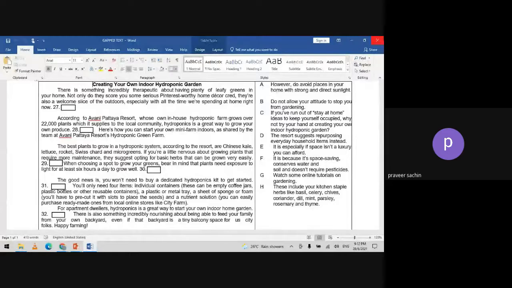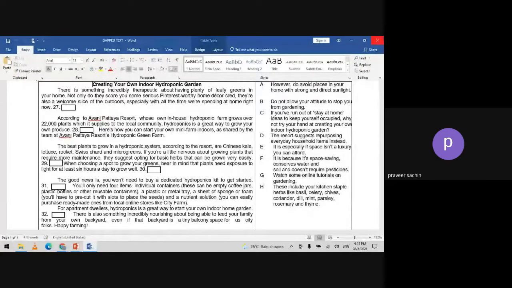The best plants to grow in a hydroponic system, according to the resort, are Chinese kale, lettuce, rocket, Swiss chard, and microgreens. If you're a little nervous about growing plants that require more maintenance, they suggest opting for basic herbs that can be grown very easily.